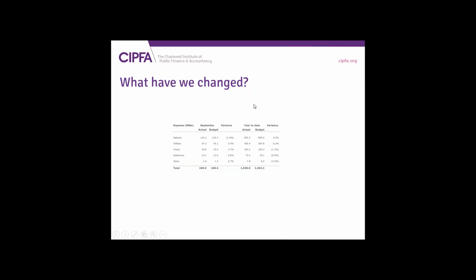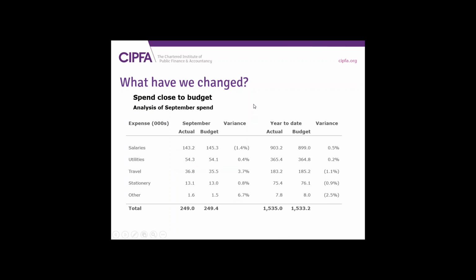A couple of other things I can also do. Here I have added a title. Now, in fact, I've added two titles. The bottom one, so Analysis of September Spend, is a literal title. It's telling you what you're seeing, and ideally you'd also add a source there as well.